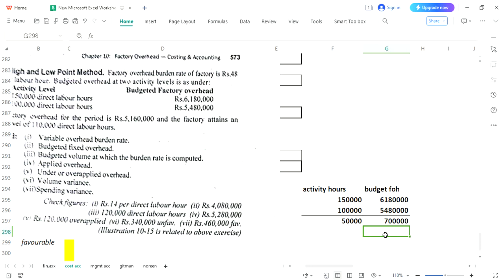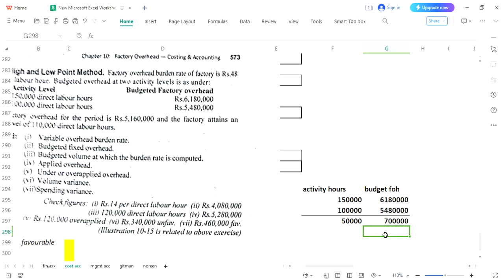So the final conclusion is: due to a change of 50,000 hours, your cost is changed by 7 lakh. Now you can conclude what change will come for a single hour.